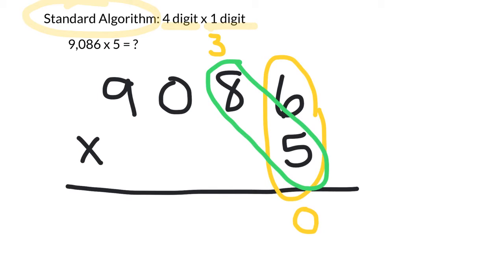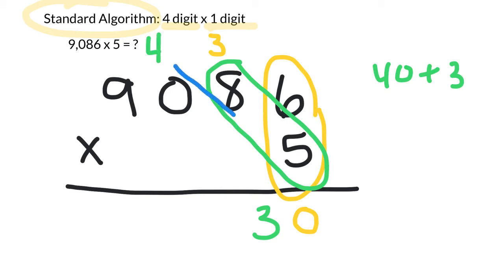So you'll multiply your 8 times your 5, and then you will add in the number that you carried. So 8 times 5 is 40, and then I need to add in that 3 that I carried. So I would get 43. So I would write my 3 and then carry my 4.